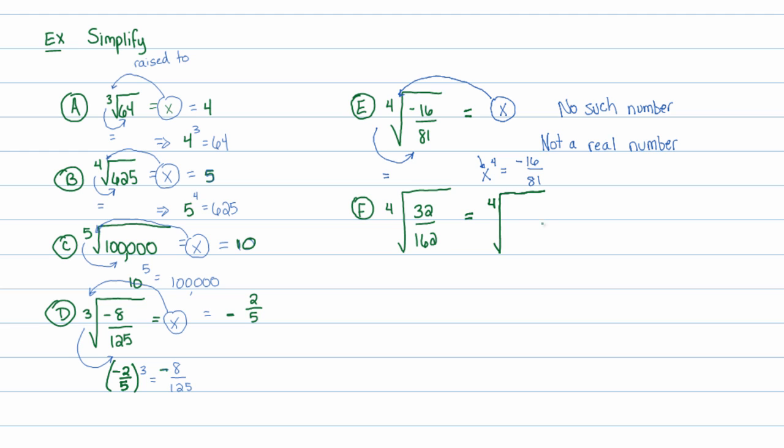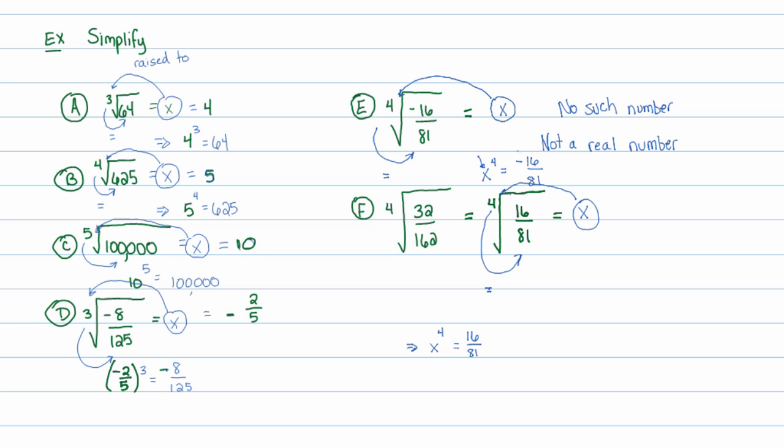If I divide 2 out of both, I'll get 16 over 81. And now I know that won't simplify any further, so I want to just find a value of x such that when I raise x to the fourth power, I will get 16/81. So let's see what that is. x to the fourth power, I want that to turn into 16/81.